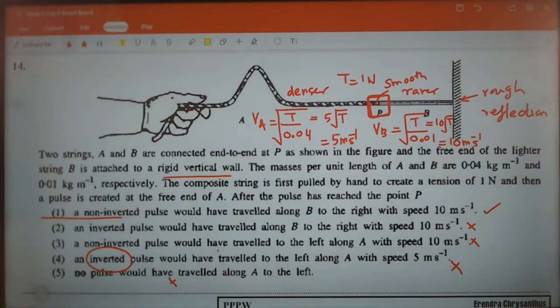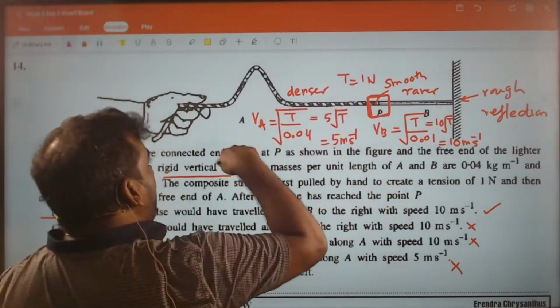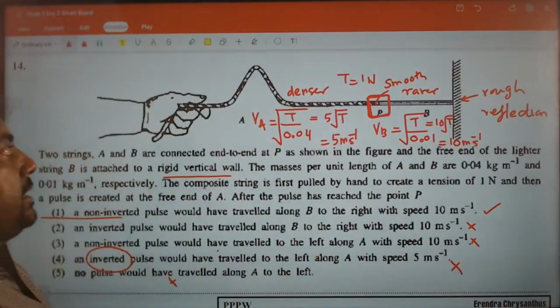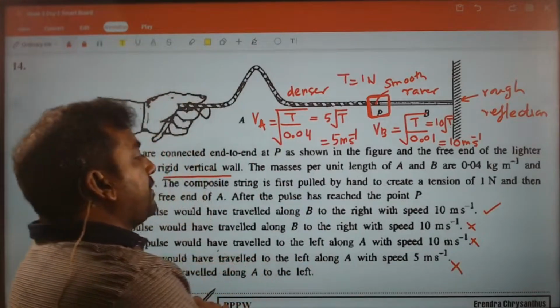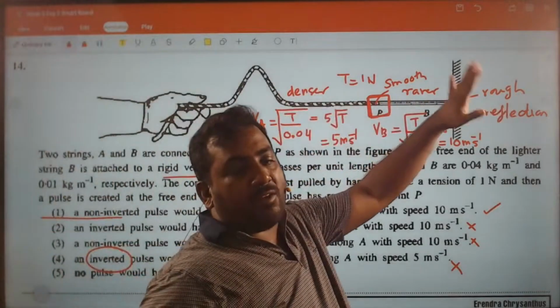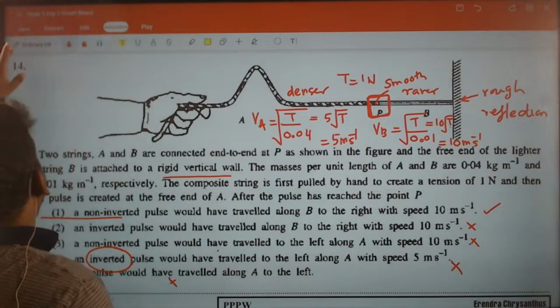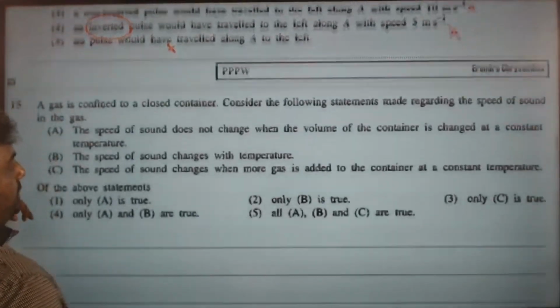So the reflected wave will be in the same phase. And the refracted wave will also be in the same phase.